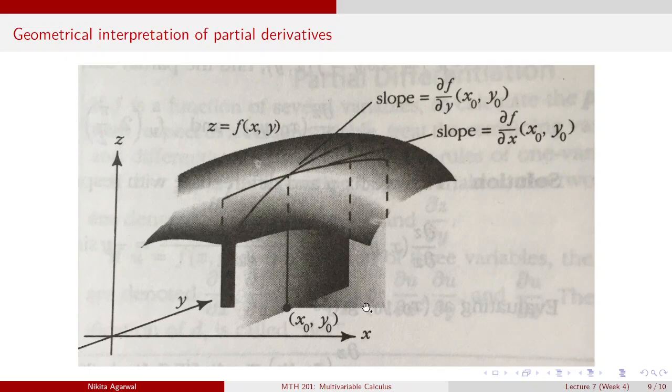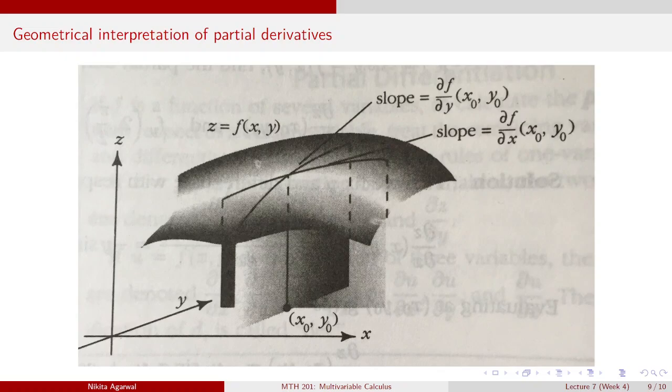Again, when you intersect this plane with the graph of the function, you get a curve, this curve. This curve at this point has a particular slope, and that slope is the partial derivative with respect to y of the function at the point x naught, y naught. Okay, so that's how you understand partial derivatives geometrically.